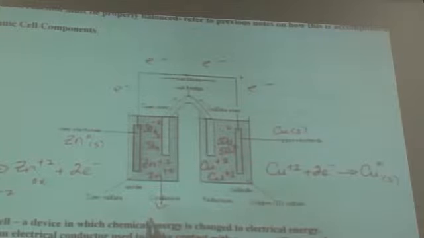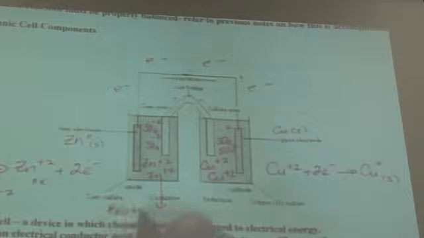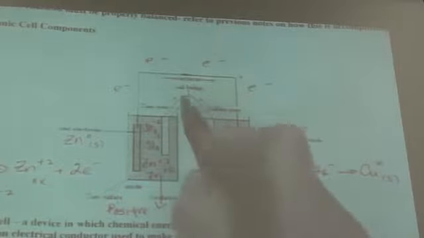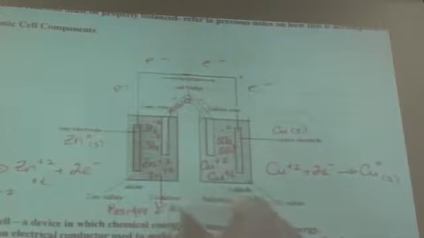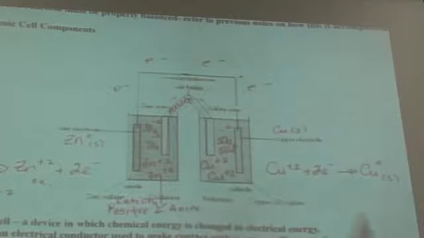On its own, the solution at the anode is becoming positive. To counteract that positive charge, the salt bridge will give an anion into the compartment, so the cations will join with the anions and be neutralized. You get how that works?